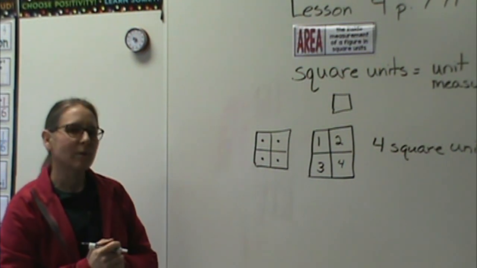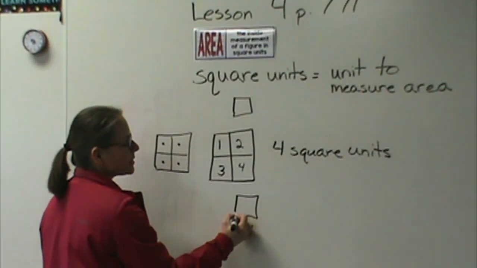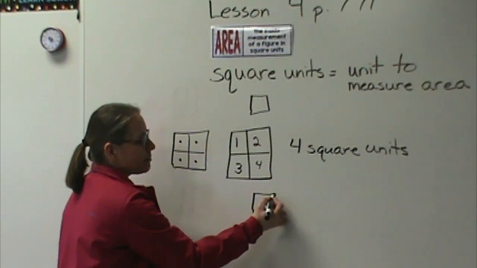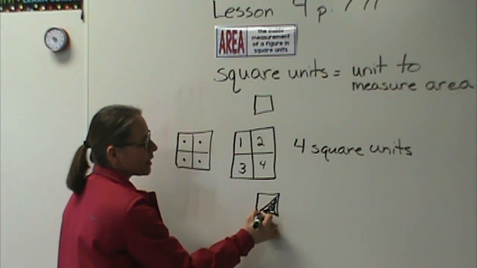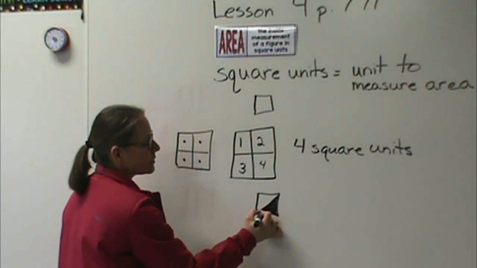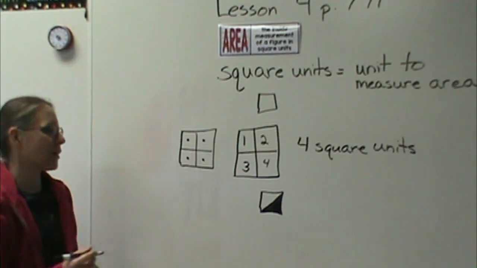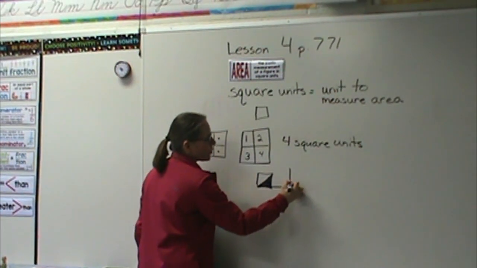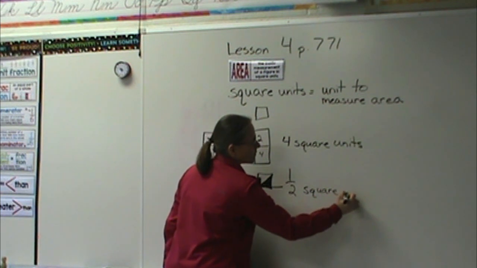Now sometimes when we're measuring area, the square unit is not shaded all the way. It might be only shaded halfway and look like this. Instead of 1 whole square unit, that equals 1/2 square unit.